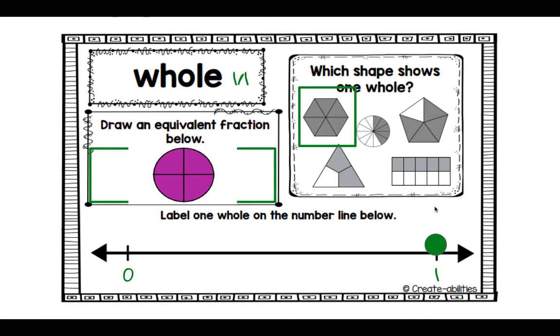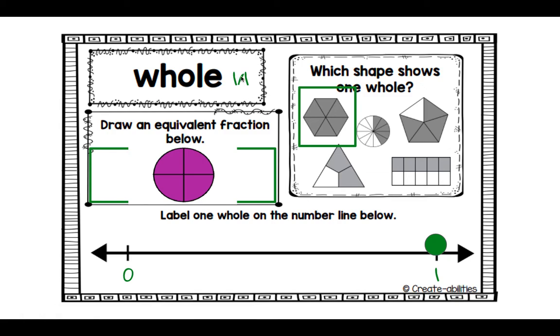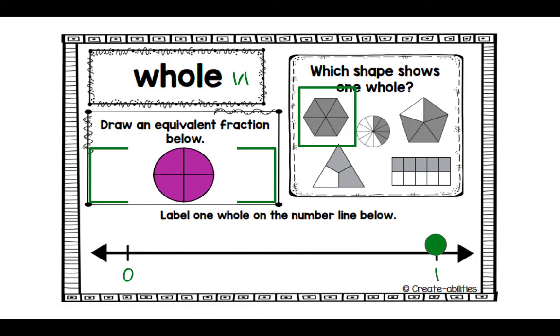So any number where it's 3/3 or 4/4 or 100/100, that is still equal to 1. So no matter what it is as the fraction, if it's the same number on the top as the bottom, then it is a whole and it is equal to 1. Just the number 1. When we count 1, 2, 3, 4, 5, 6, it is the number 1, the first number.